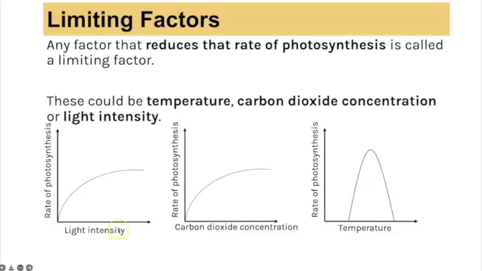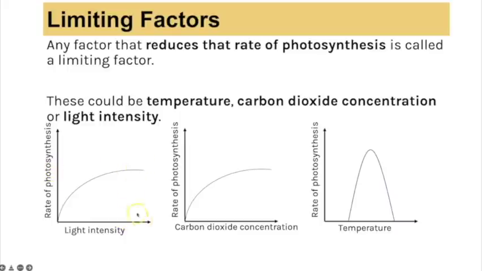And the way you can look at a graph to tell what is currently limiting the rate of reaction is wherever you have a positive correlation on the graph, that tells you that whatever is on the x-axis is currently limiting the rate. So that means up until this point, or probably a bit further up to here, light intensity is limiting the rate of reaction. And we know that because as we increase the light intensity, the rate increased. But that then starts to plateau and level off.